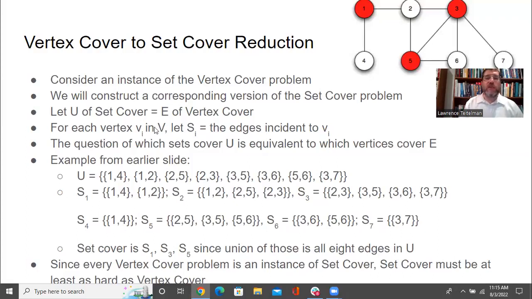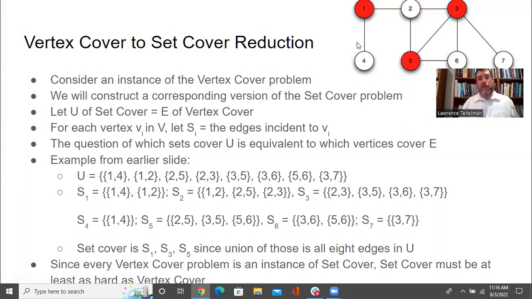So that's the gist of the way these things work: you convert one problem into an instance of another problem that we know we can't solve. Again, we're taking our vertex cover, making it look like a set cover, which means that if I can solve set cover, I can solve vertex cover.